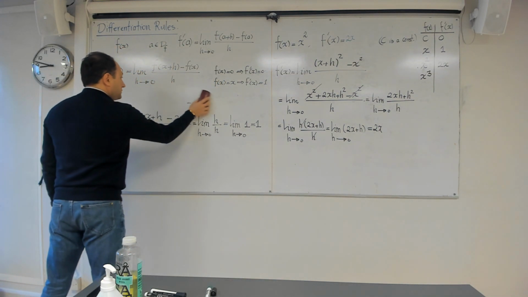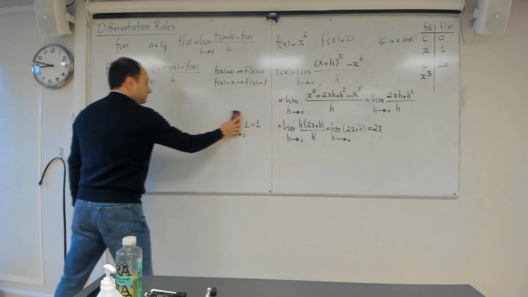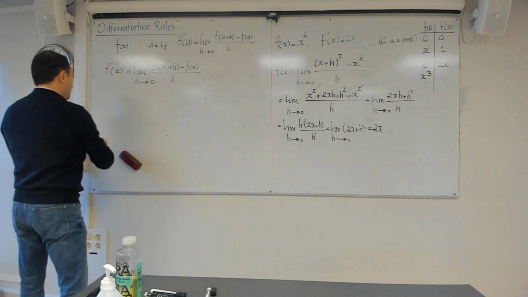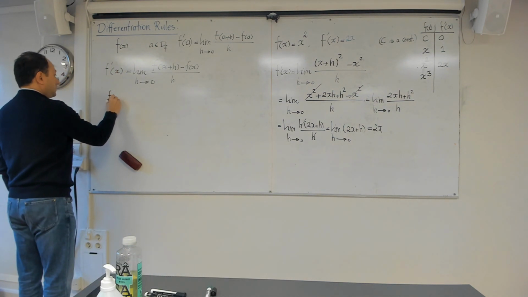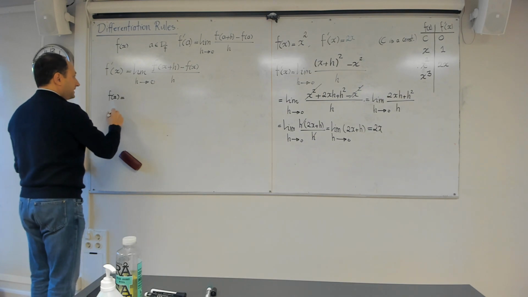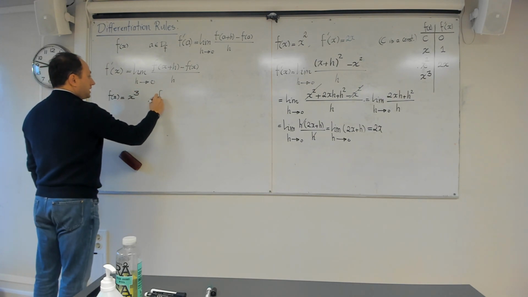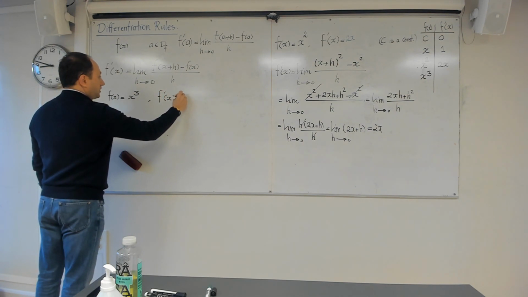I can clean this one now. So the question is now this. I have this function, and then you see it becomes a little bit more complicated. X to the 3, and the question is what is f prime of x?